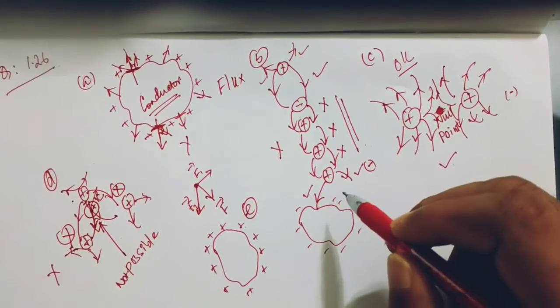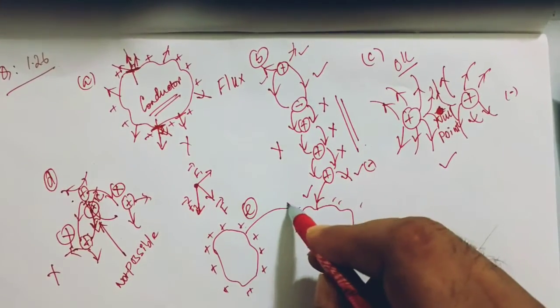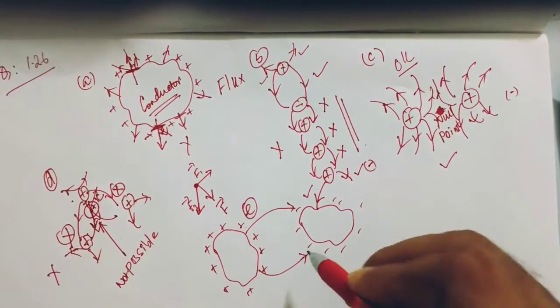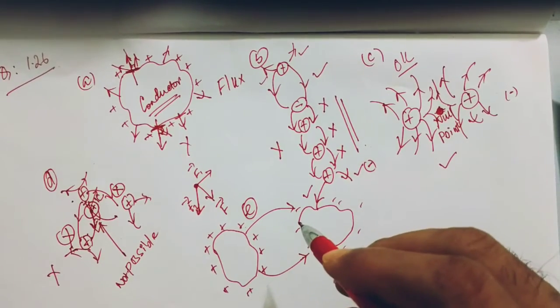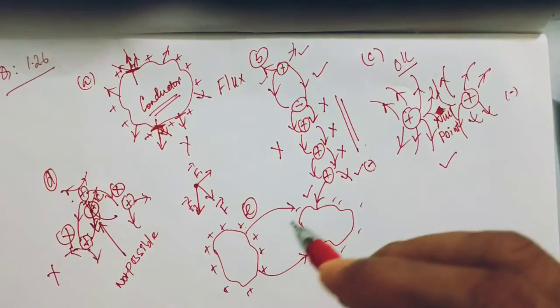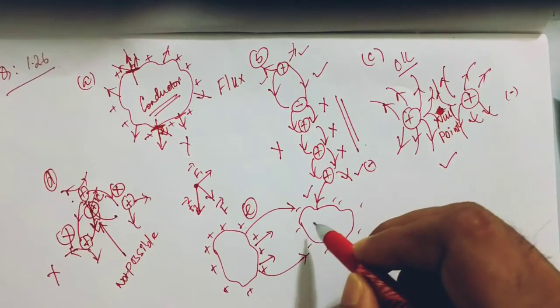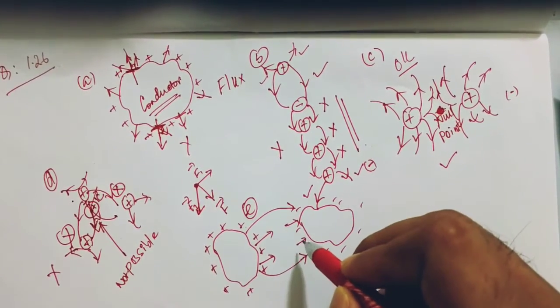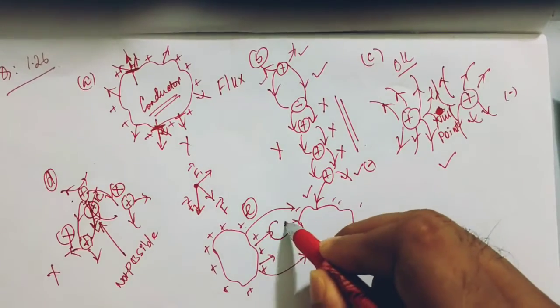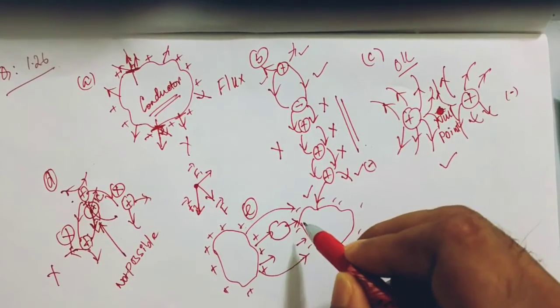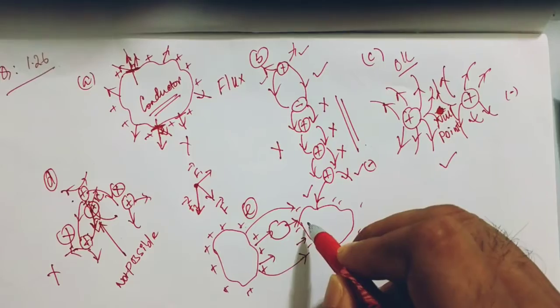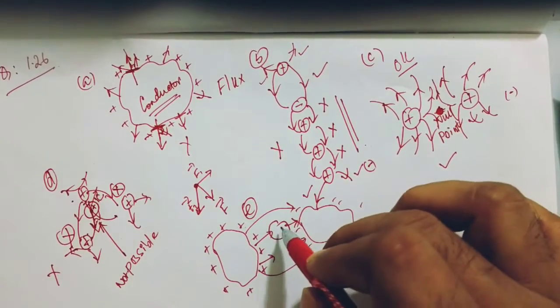Then they have shown this field line coming to this, from positive to negative. So this is very correct. Now they are coming out of this one and reaching this one, but it is a broken line. The broken line is not possible. A field line always goes from positive to negative, so it cannot be broken.